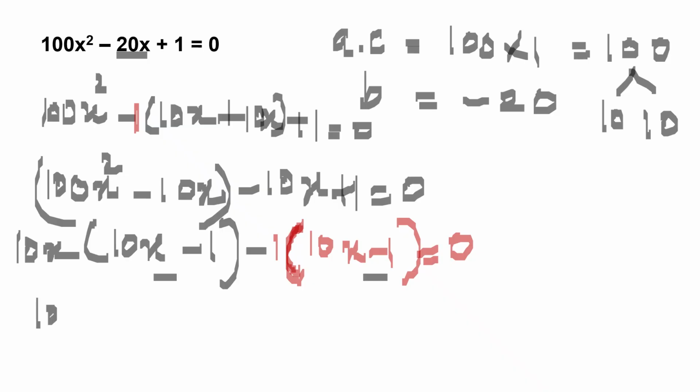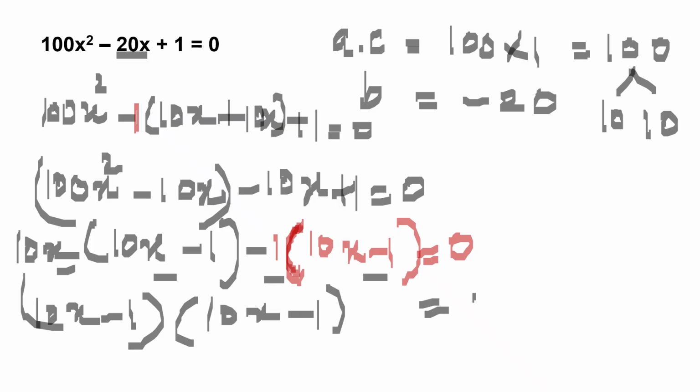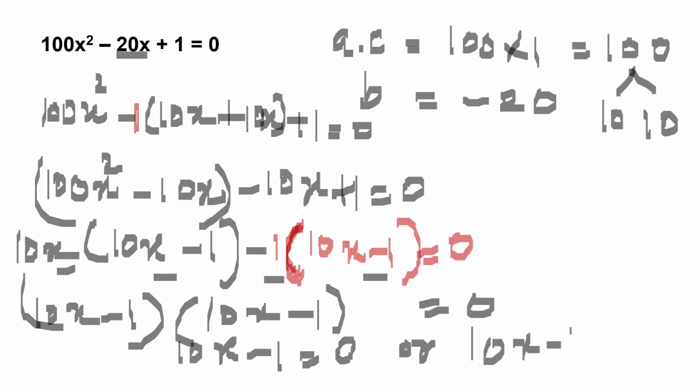So we'll take 10x minus 1 in one bracket. And which are the terms outside the bracket? We have 10x and the minus 1. So 10x minus 1 equal to 0, or 10x minus 1 equal to 0.